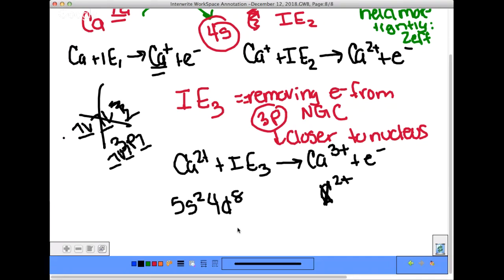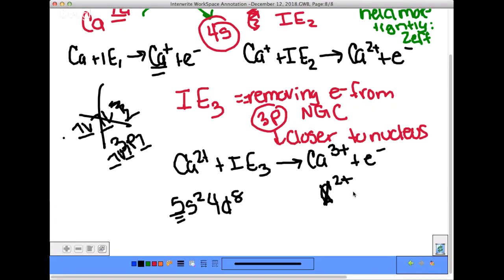So where do we remove those electrons from? One thing I can know about this atom before even moving on is that it would be a transition metal. This would be 8 over in that 4d row. It has 2 valence electrons, because with valence electrons we're always talking about the highest one, the one that's furthest away. So the 5s is going to be the furthest away, so we're talking about those 2 electrons.